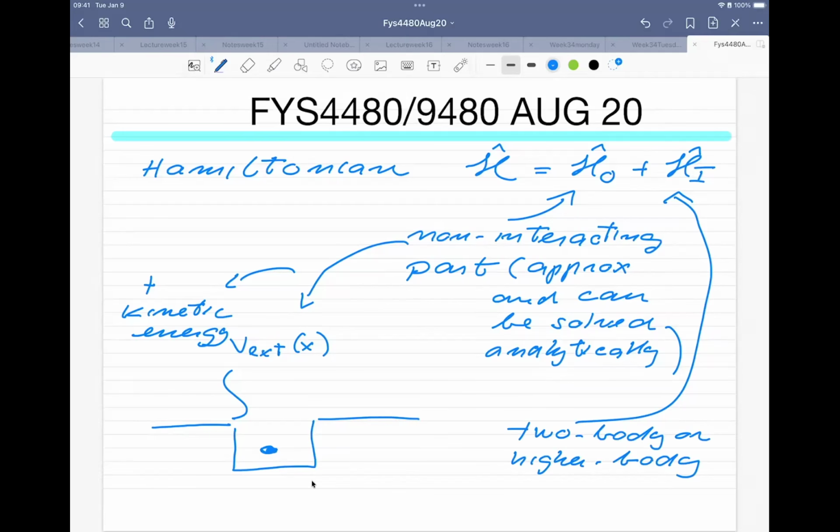So higher body interactions. And this is normally the part which cannot be solved analytically. We can solve it with approximations, and some of these approximations can be solved analytically, but many of these have to be solved numerically. And this is a kind of a tour which we are going to do through this semester.